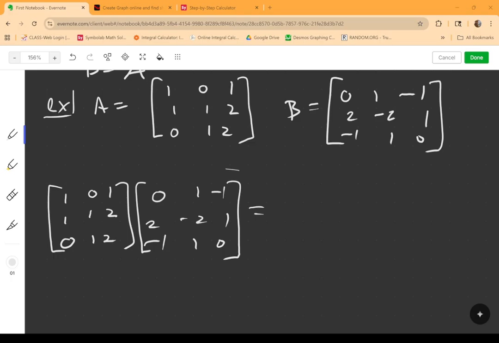Okay, I'm double checking that I wrote this example down right. Okay, I did not write that down right. Give me 1 minute here.